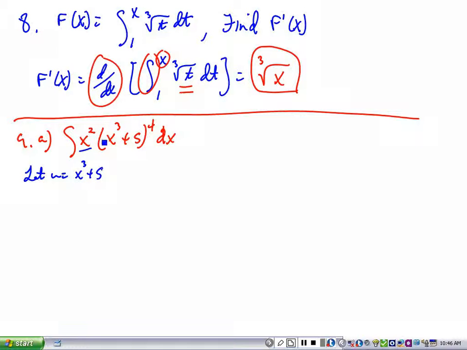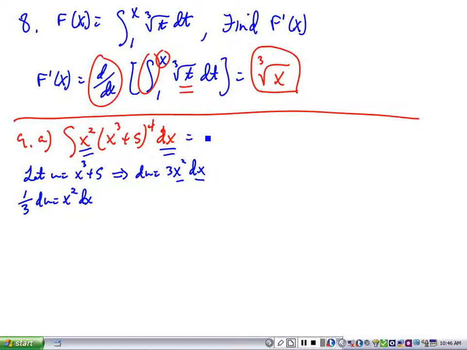Because its derivative happens to be also in the integrand. So this implies that du is 3x squared dx. Now I see x squared and I see dx, but I don't see the 3. So we divide both sides by 3. That gives us 1/3 du is equal to x squared dx.